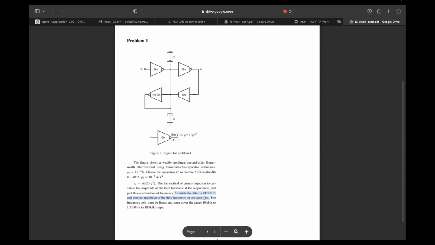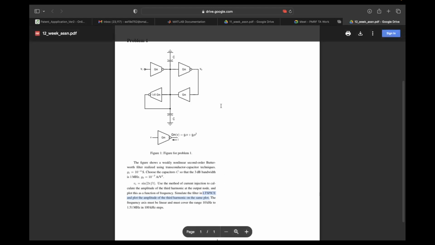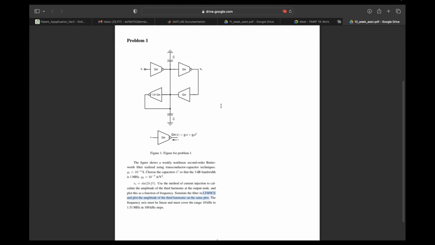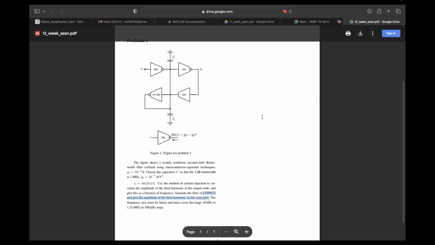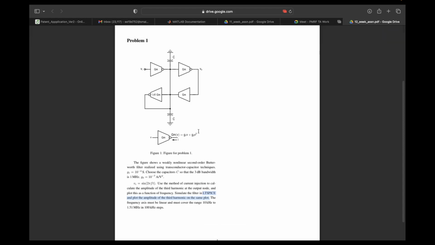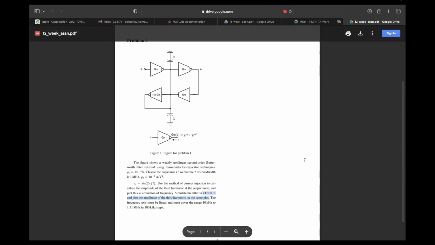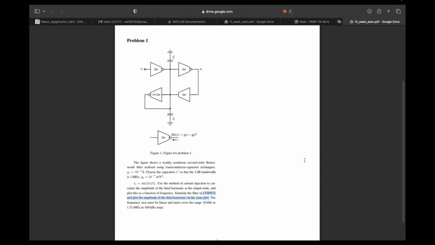Or if you are facing trouble in that, you can just plot the third harmonic from LT-Spice and mark some points with hand calculation on that same plot, and show that for the particular frequencies that you hand calculated, your LT-Spice data and hand calculated data are matching. That also you can do.